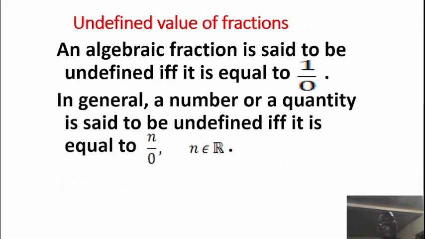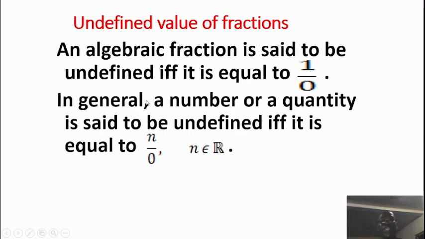Next, undefined values of fractions. We say an algebraic fraction is said to be undefined if and only if, IFF meaning if and only if, it is equal to 1 over 0.